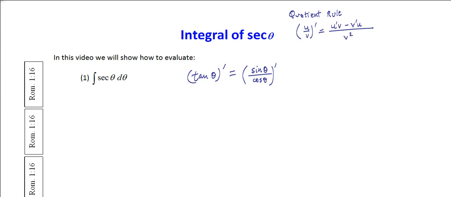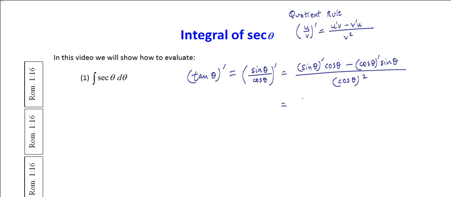In this case, sine is acting like the u in the quotient rule, and so we get sine theta's derivative times cos theta, minus cos theta's derivative times sine theta, and then we divide this by cos squared theta.